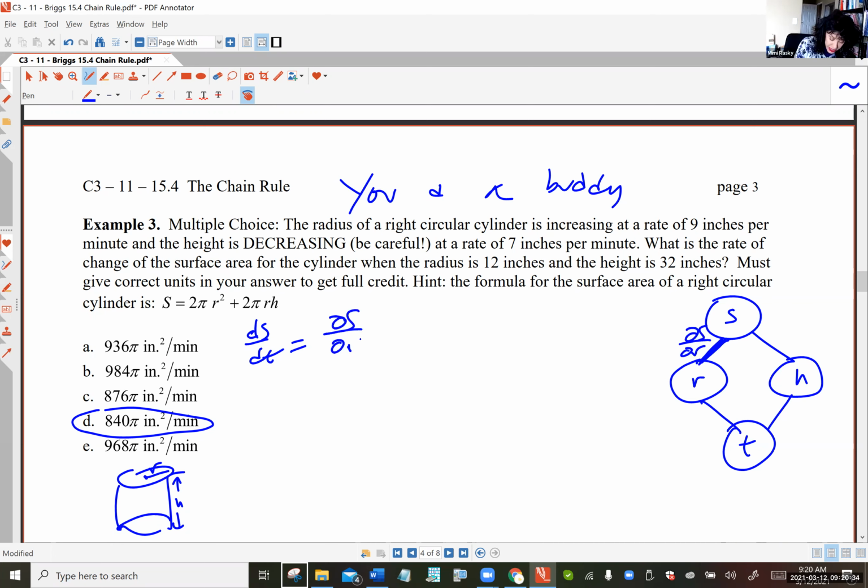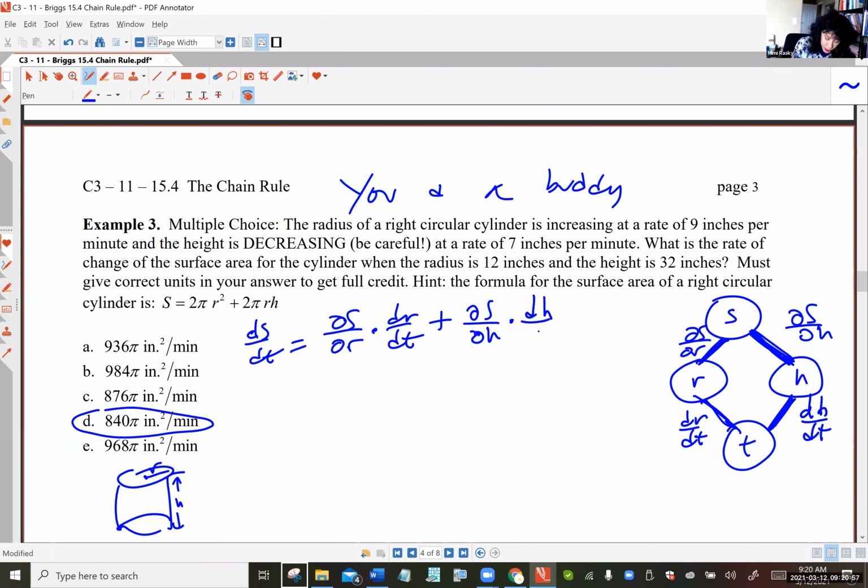Look at the curvy d's there. Times, and then go down this branch, dr/dt. This is a straight d since it's a single variable. Plus, then you go down this other branch and take the partial of your surface area with respect to the height, times dh/dt, the derivative of height with respect to time.